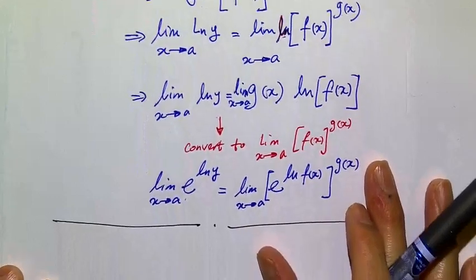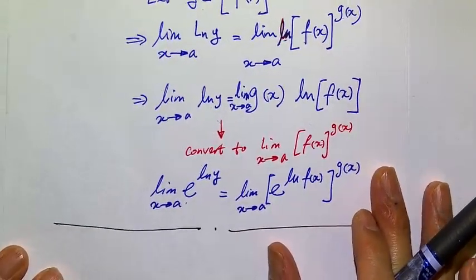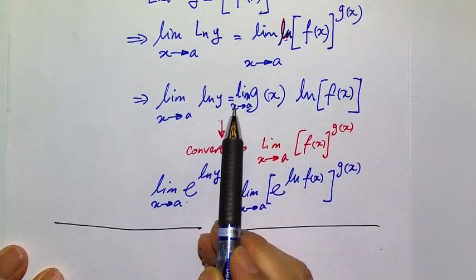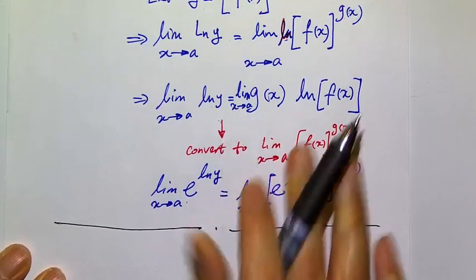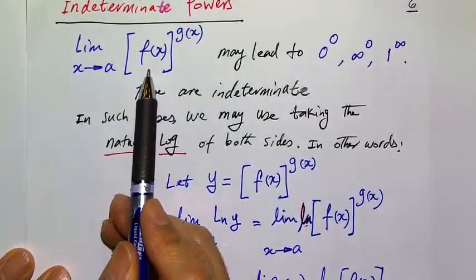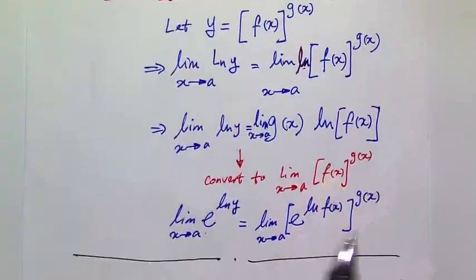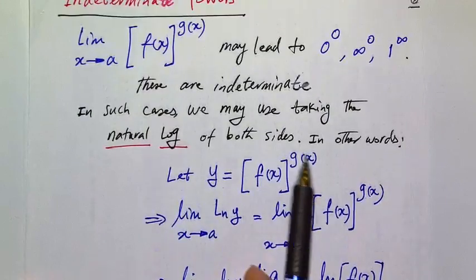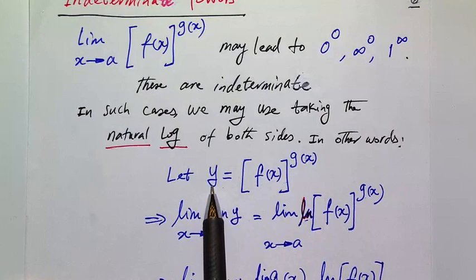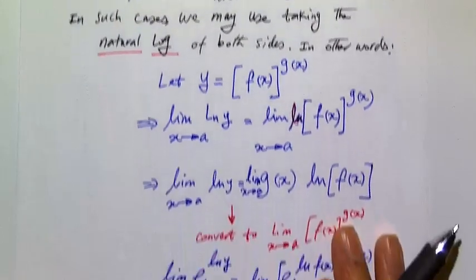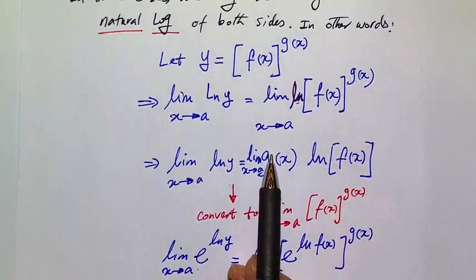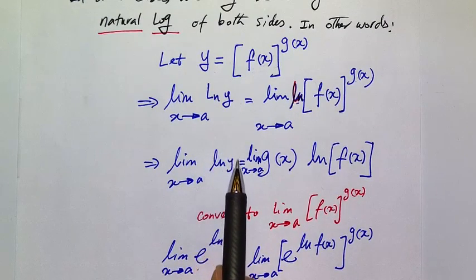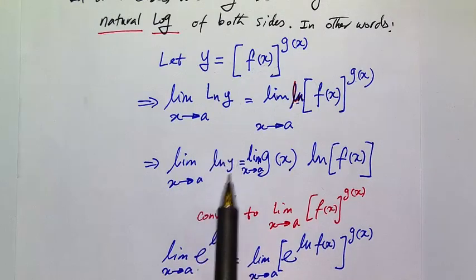The thing we have to be very cautious about with this method is that when we find the ultimate result, it's not going to be the limit of the original expression. It's going to be the limit of natural log of y. See, the original expression, we set it equal to y, right? So when we find the limit using this method, it's always going to give us the limit of the natural log of y.